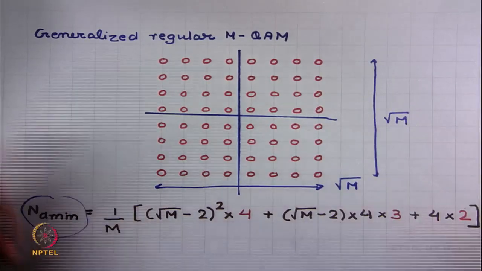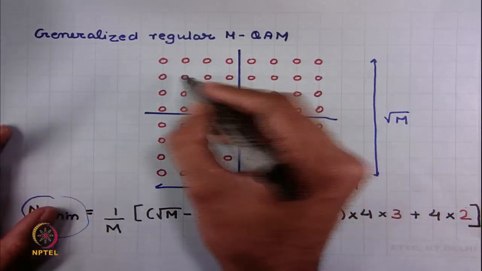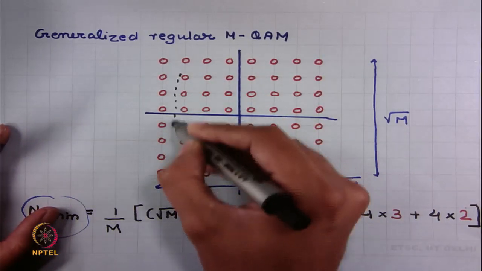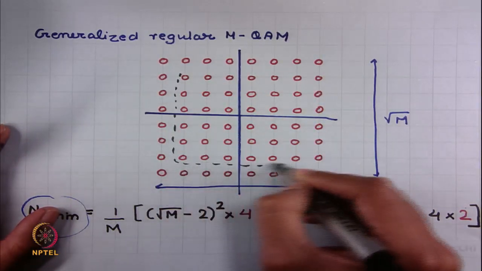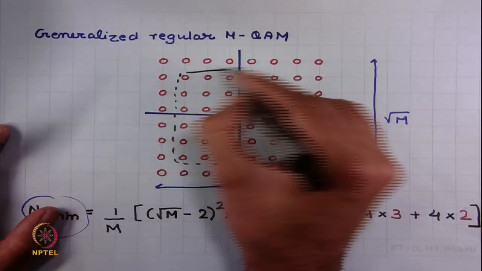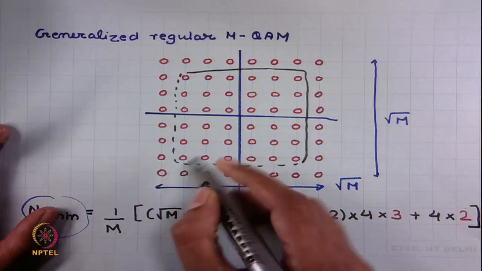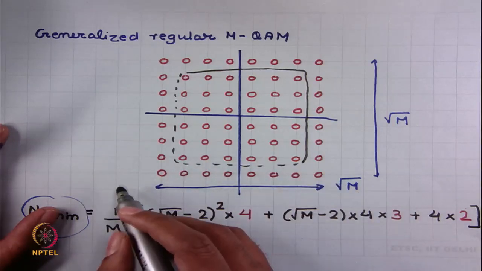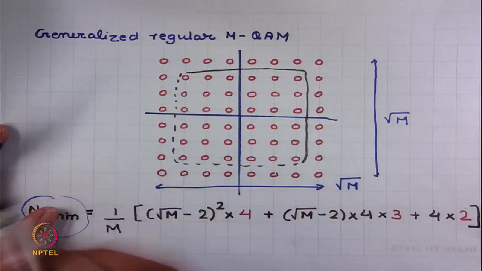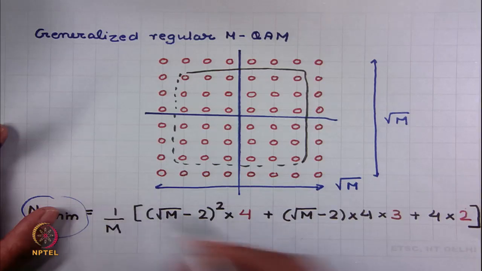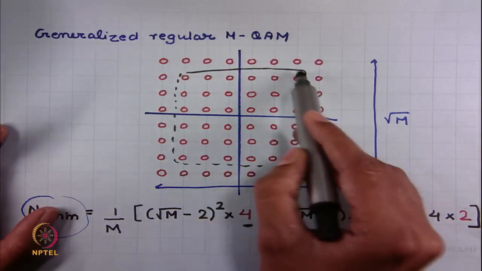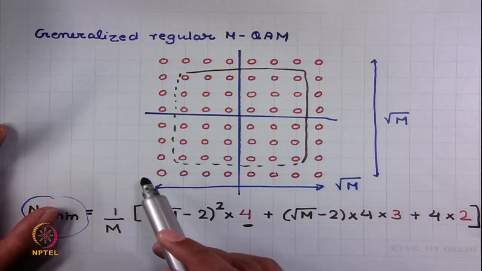So, if I consider this group, this group of points all will have 4 neighbors, okay.